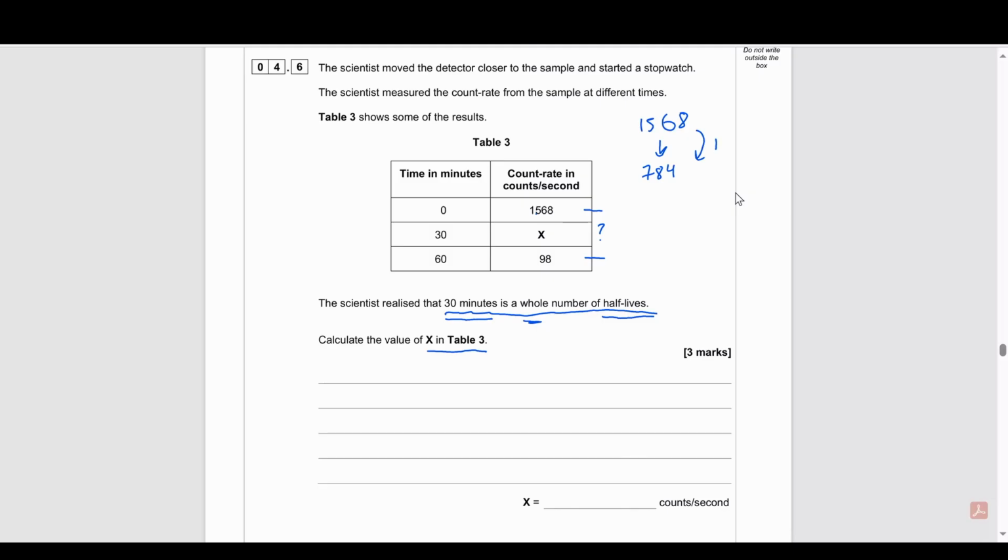What we want to do here is find out how many half-lives it is going to take to get to 98, because if we can get to 98, then we can find out our time period from there. So 784 divided by 2 gives us 392. So that's our second half-life. And then dividing 392 by 2, we get 196. So that will be our third half-life.